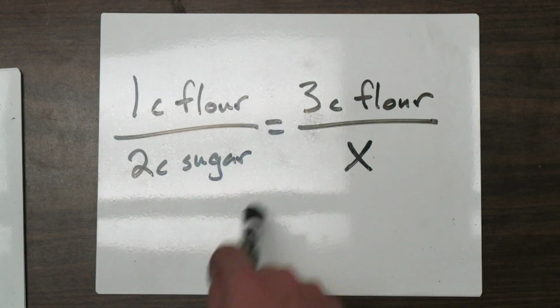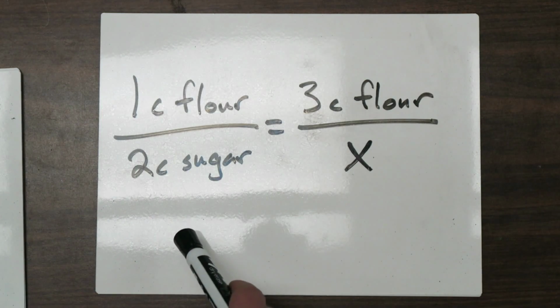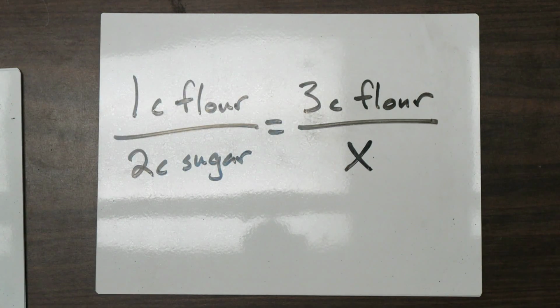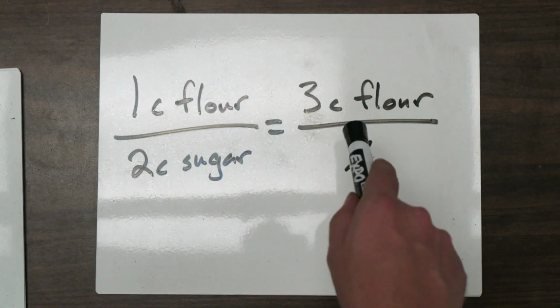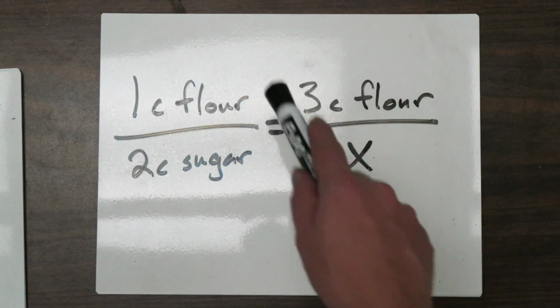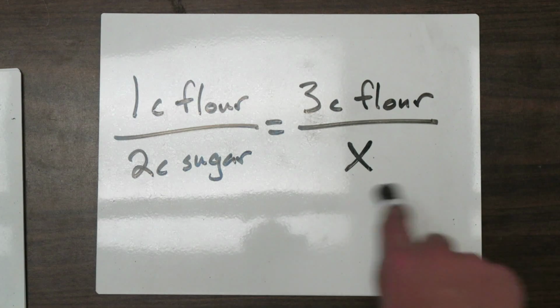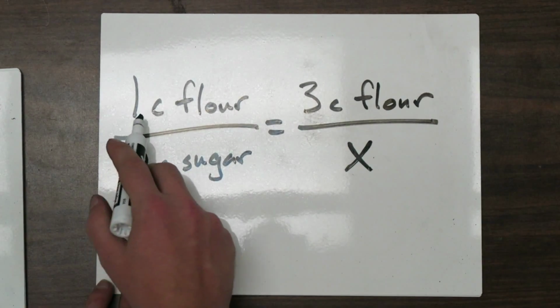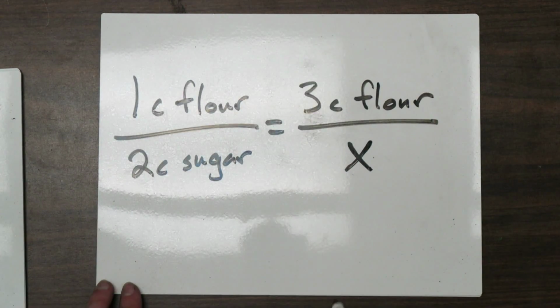So if this will feed 5 people and I need to feed 15 people, then I need to triple this recipe. Well, I've tripled the amount of flour. I had 1 cup of flour and now I have 3 cups of flour. But how much sugar do I need to have? Well, we can figure this out by looking at what did I multiply 1 by to get to 3?